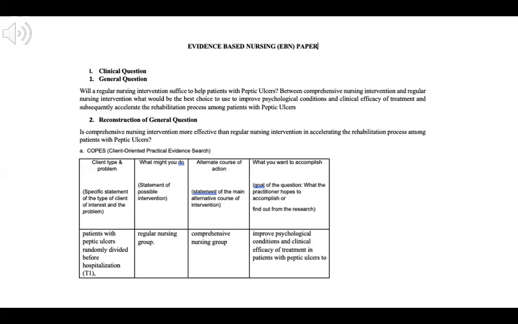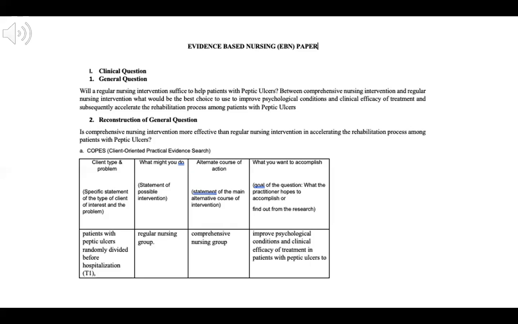And then we put it in a table to scrutinize the elements of the reconstructed question using the format COPES, or the client-oriented practical evidence search format.